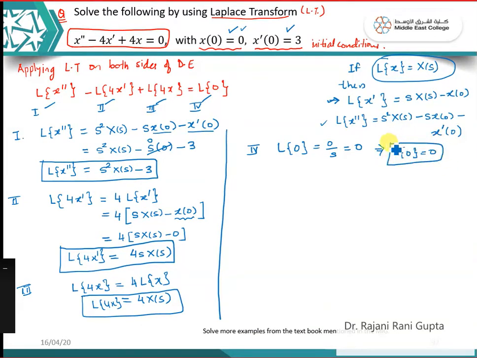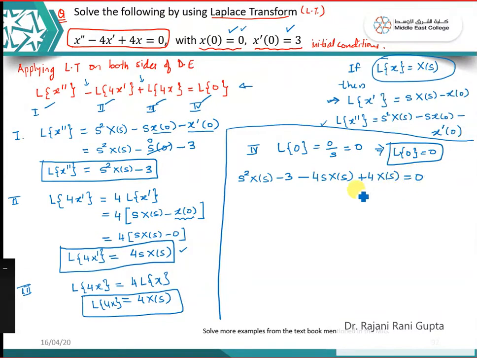Once we have the value of all these 4 terms, we substitute it back over here in this equation. So what did it give? First term we have s square X of s minus 3, and then in between we have minus 4s X of s, then plus 4 X of s equal to 0.